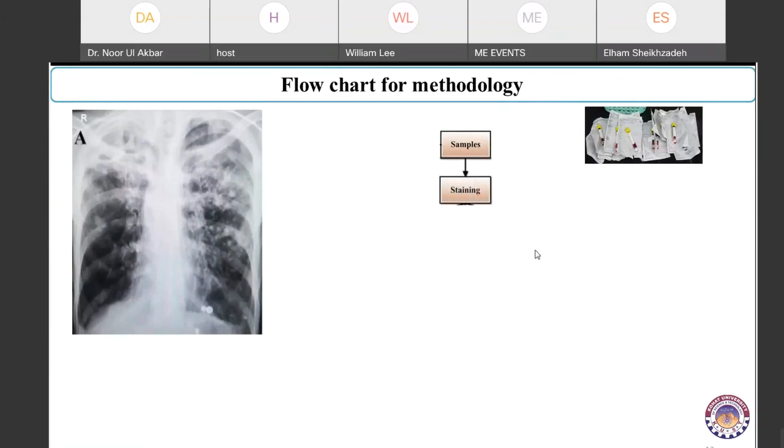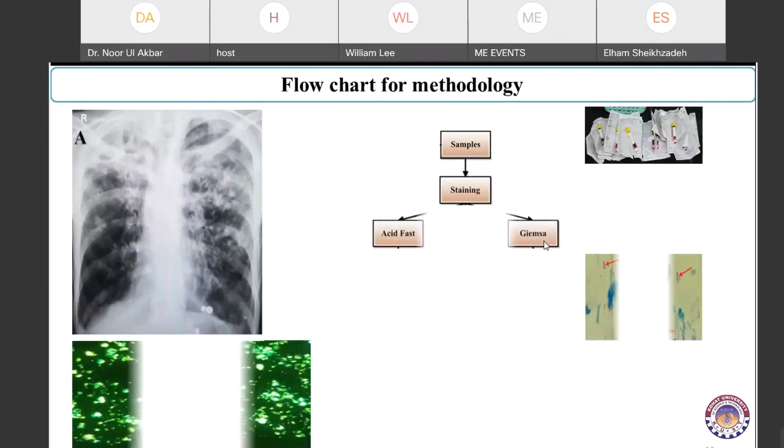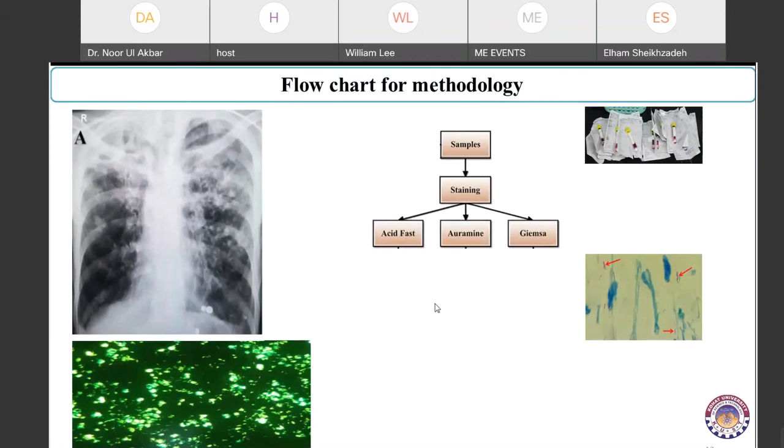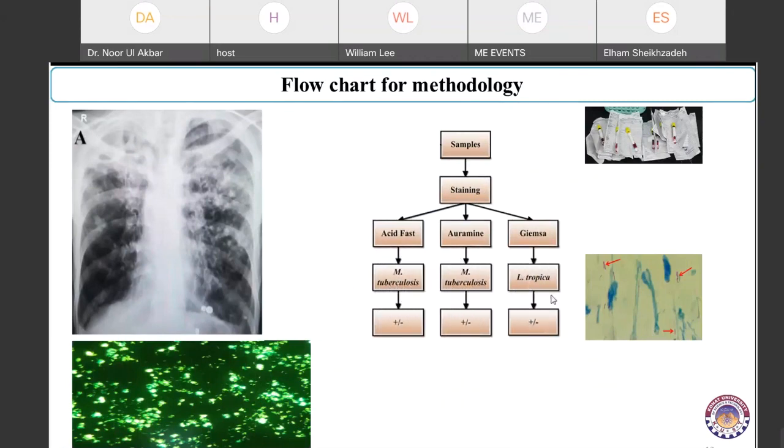For confirmation, we scanned the sputum in a biosafety level 3 and biosafety level 2 lab, and also confirmed it through PCR, etc., through acid-fast stain, through Ramin and Giemsa, where the positive and negative patients were identified.